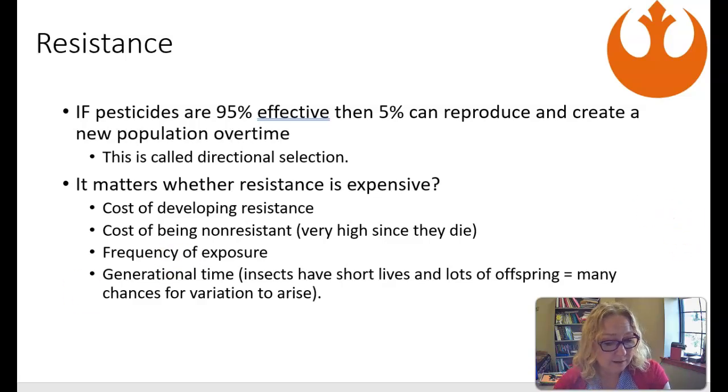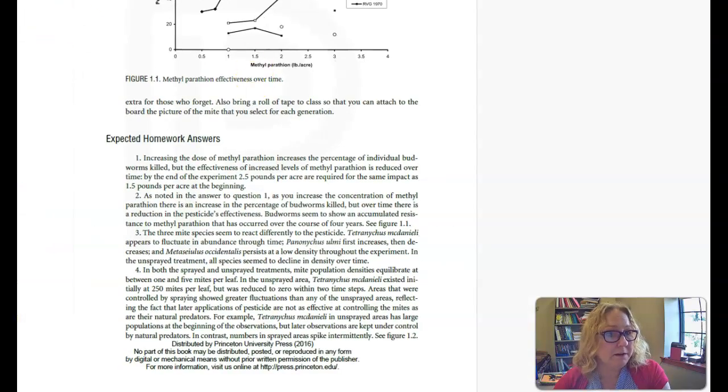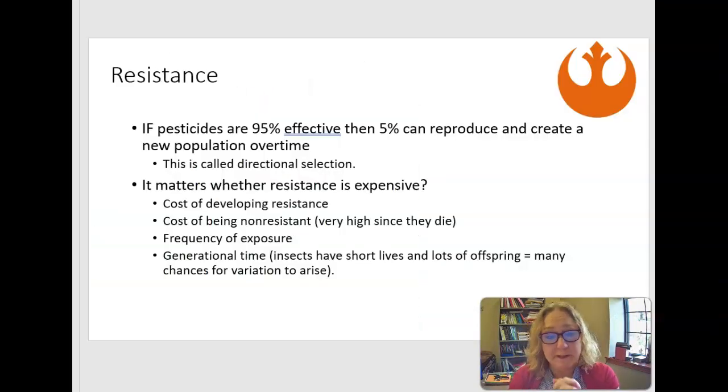Okay, let's look, I just want to look real quick. In your homework for this week, you're going to look at methylparathion and budworm. Essentially, I'm kind of answering the first few questions for you. As you increase the dose of methylparathion, you see that the percentage of budworms killed gets less effective over time.